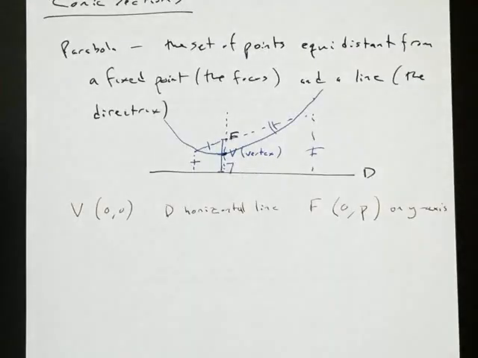Do you want to put our point above the vertex as we've drawn it already, or below the vertex? We could do either. Doesn't matter. For now, I'm going to make P positive.